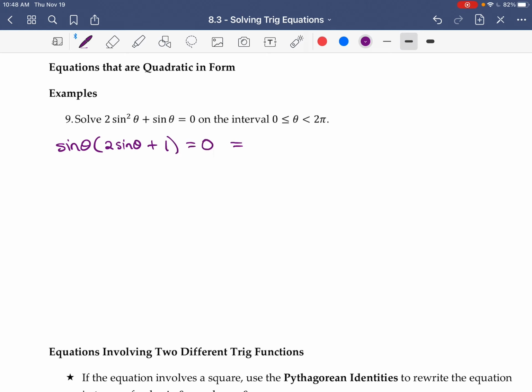Okay, so these two things multiplied together equal 0 if one of them is 0. So that means sine theta is 0, or 2 sine theta plus 1 is 0. Okay, so that means we want to solve these two equations: sine theta being 0, or sine theta being negative 1/2.